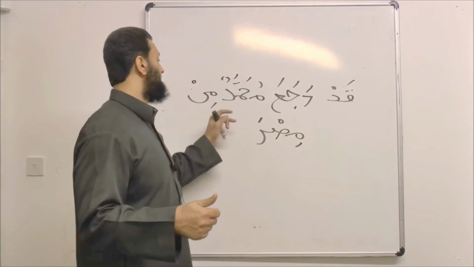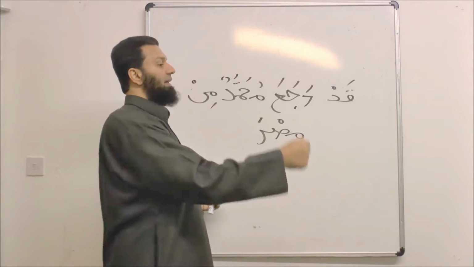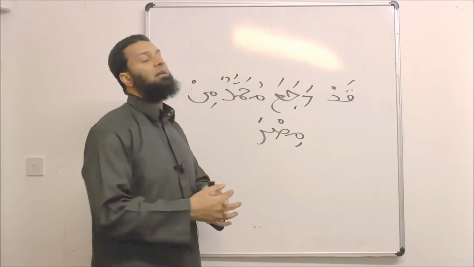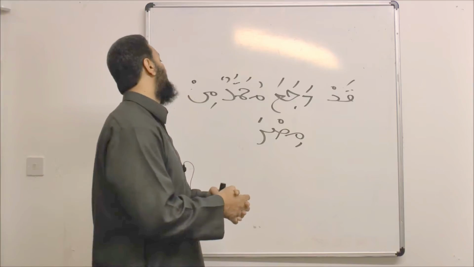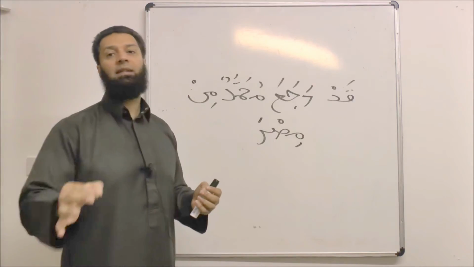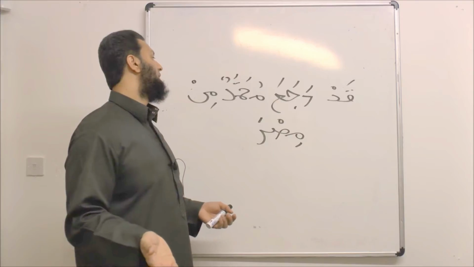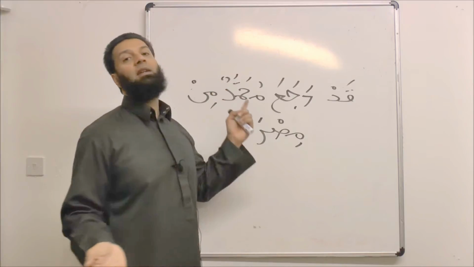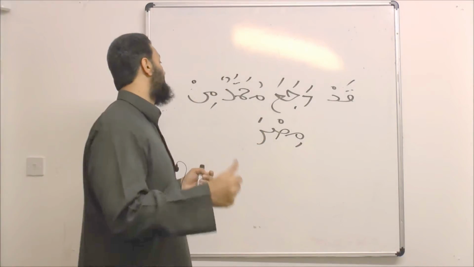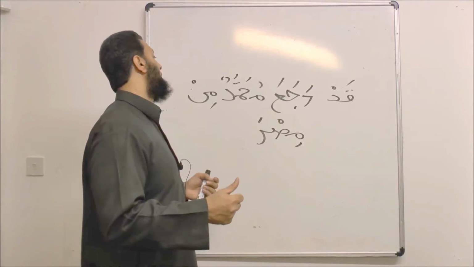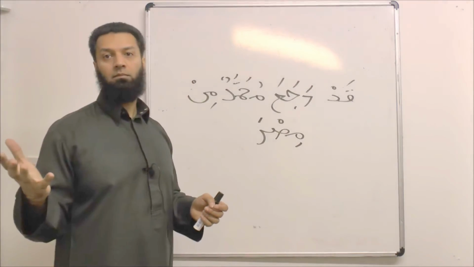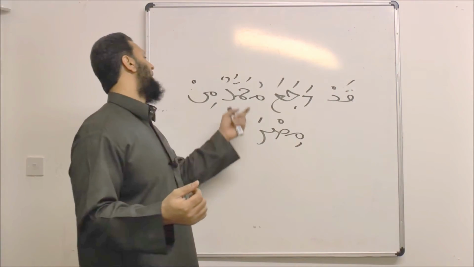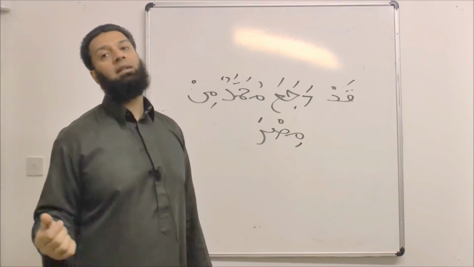If Muhammadun is an ism, what are its indicators? The first indicator is at-tanween. Out of the four indicators of al-ism, how many do we have on Muhammad?